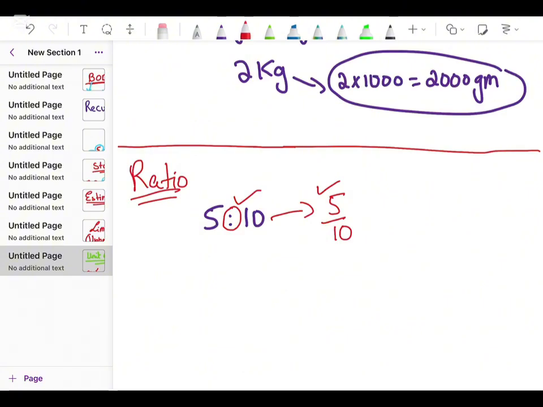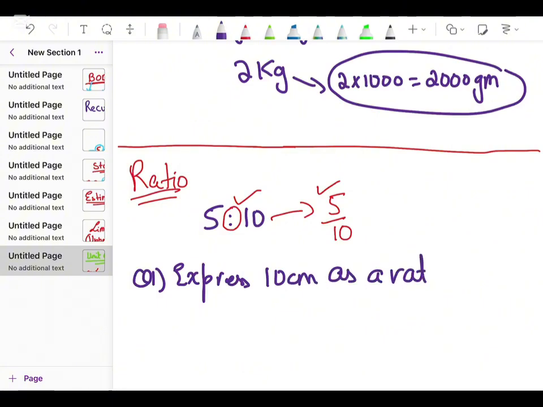So for example, I will express 10 centimeter as a ratio of 6 meter. Now you can see 10 centimeter as a ratio of 6 meter. As I told you, we only compare in ratio when the units are the same.